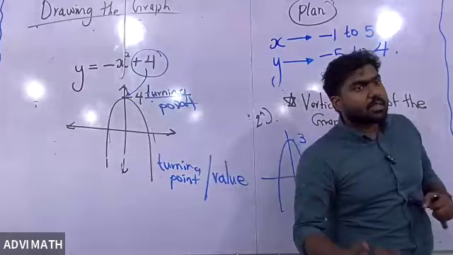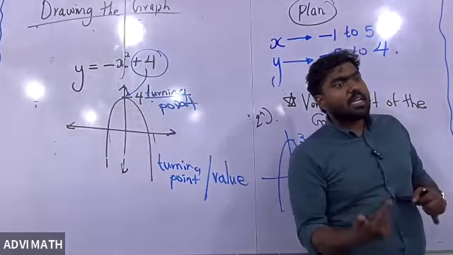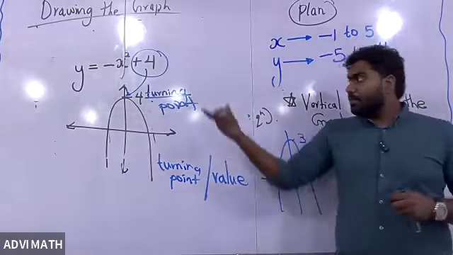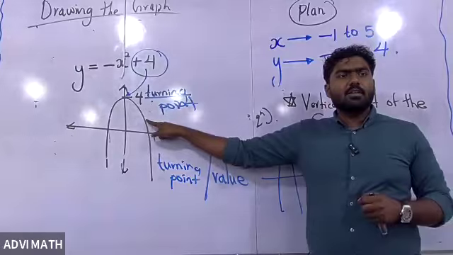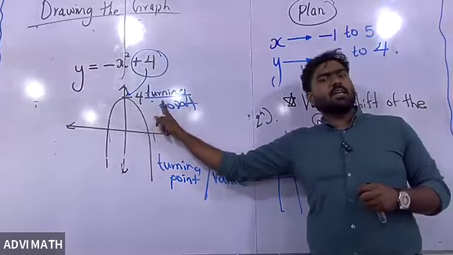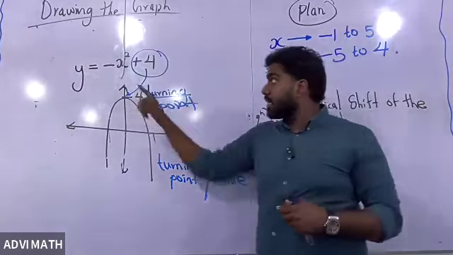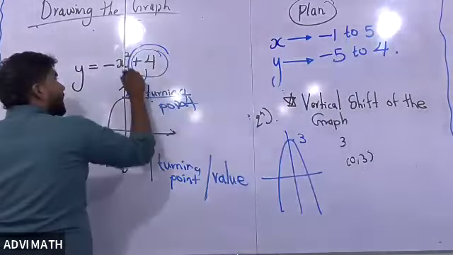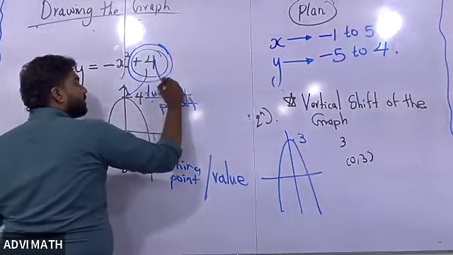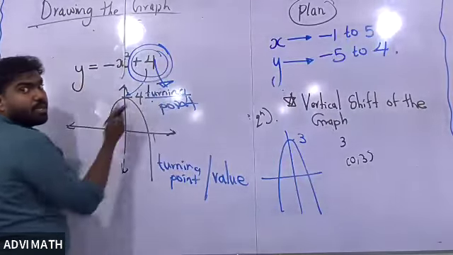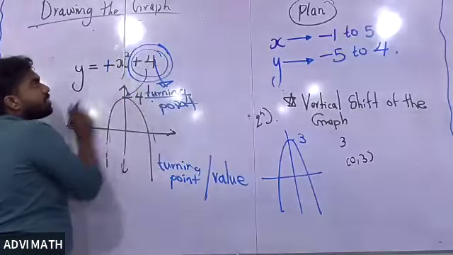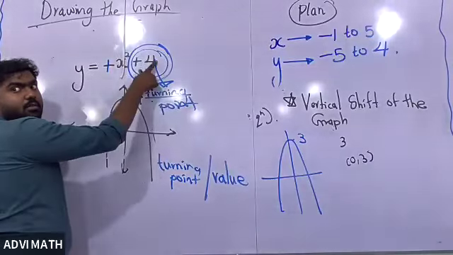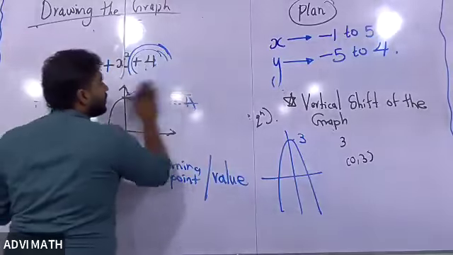For a maximum graph, the maximum point is the turning point. So this number here, what do I call it? The turning point or maximum point or anything. If it is a maximum graph, this is the maximum point. If it is a minimum graph, this is the minimum point. So you need to be careful.